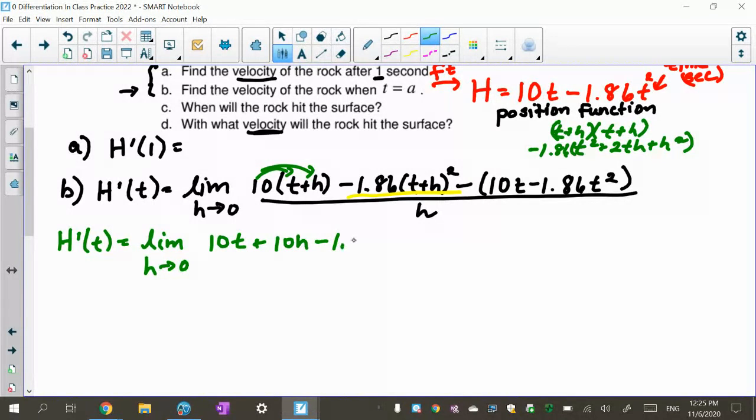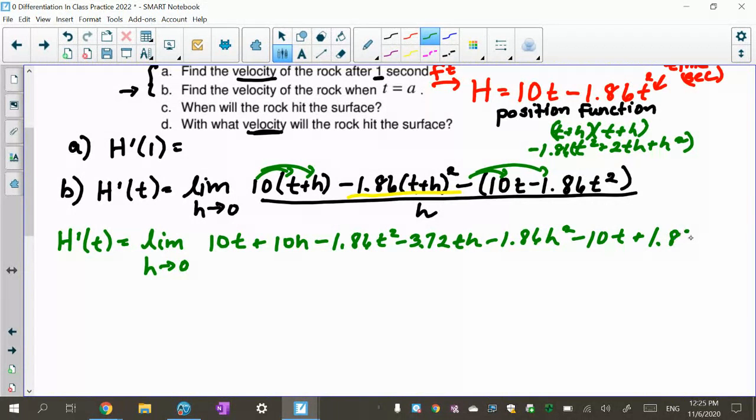Negative 1.86t squared minus 3.72th minus 1.86h squared. So that's what that all is, and you can see it up there. And then I'm changing the signs here, distributing it. So it's going to be minus 10t plus 1.86t squared all over h.